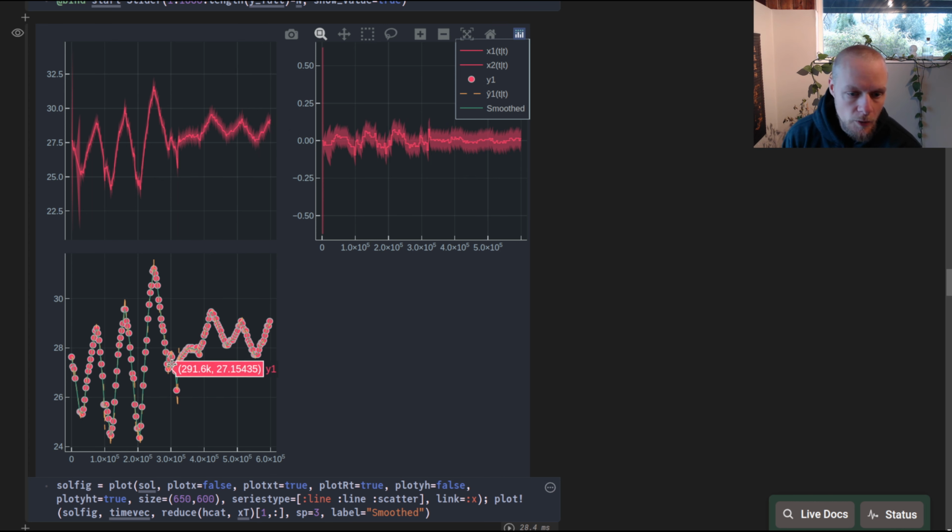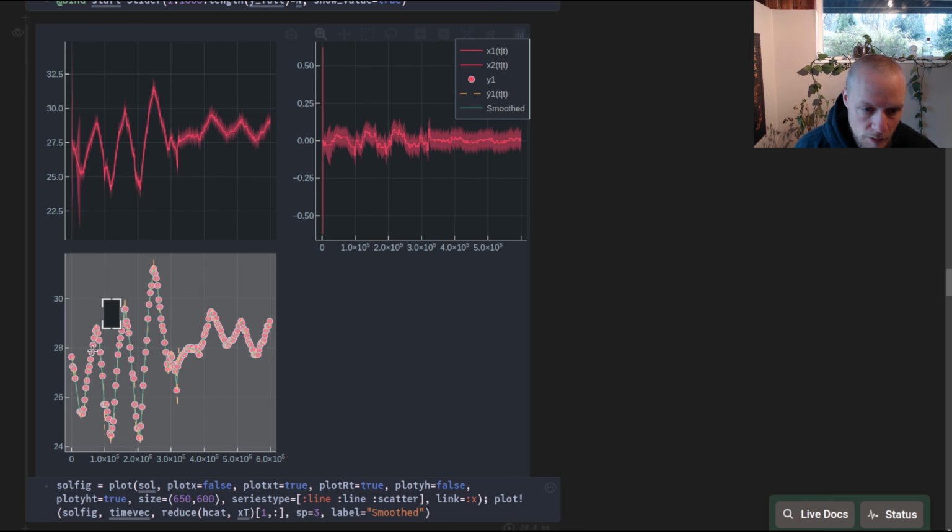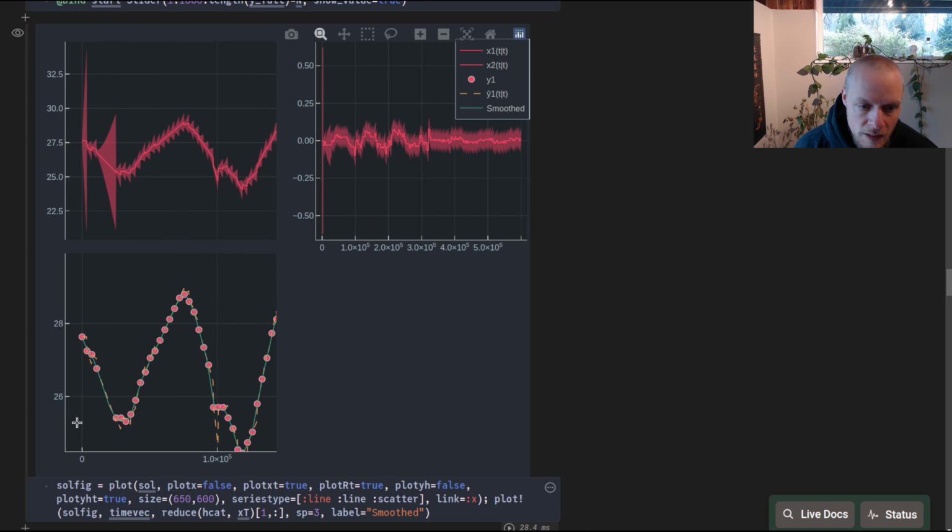All right, and here in the bottom left pane, we have the data points in red, the predictions in yellow dash, and the smoothed estimate in green. So we will zoom in here to look a bit closer. Here we start by seeing that there appears to be a number of missing values. We can also see it in the state estimate.